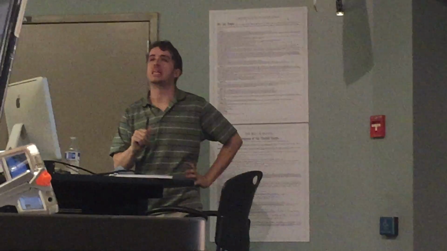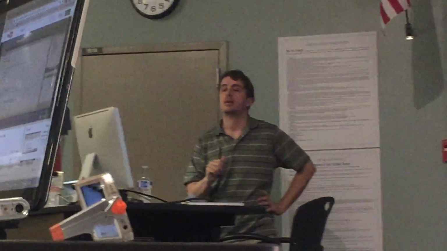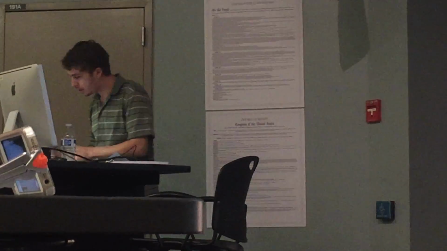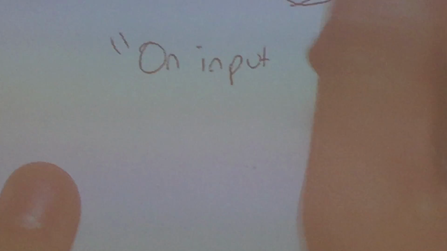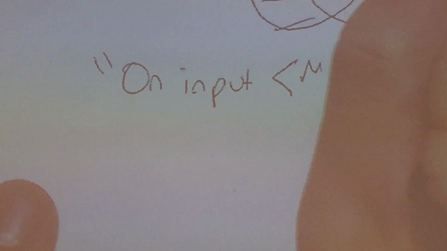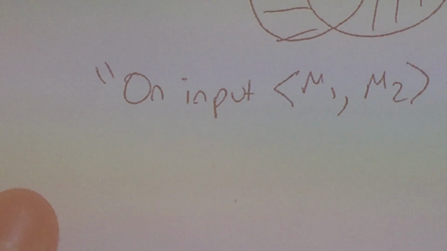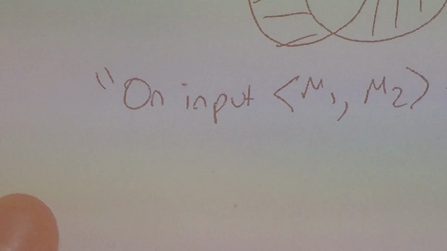Do I have a way of checking whether a DFA's language is empty? Yeah, we just came up with eDFA, which is a decider. So let's do this. On input M1, M2, where M1, M2 are DFAs.